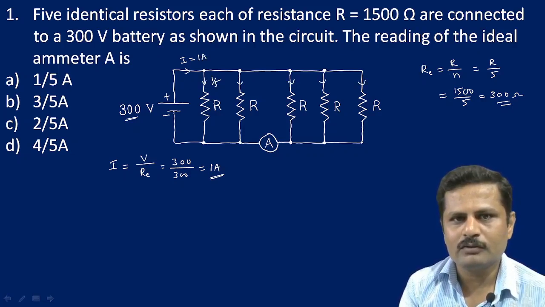So through this resistance 1 by 5, here 1 by 5, 1 by 5, 1 by 5, and again 1 by 5. The total current again becomes 1 ampere.